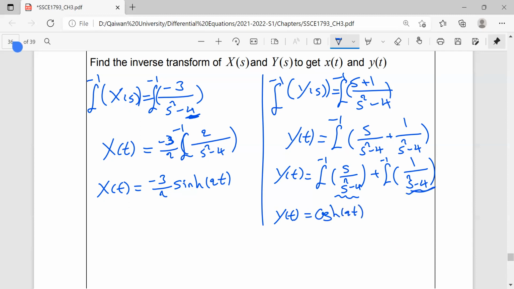And this is sine hyperbolic, but here you must multiply it by 2 and then divide by 2. And we get plus a half of sine hyperbolic of 2t.